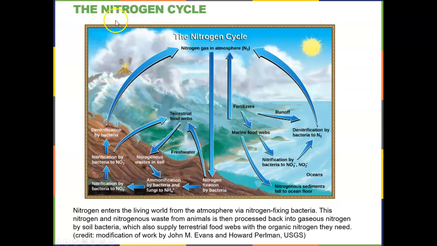Our next major cycle we're going to talk about is the nitrogen cycle. Now, the nitrogen cycle, we have an atmospheric component, and again, we have a ground component as well. In the atmosphere, it's as nitrogen gas.